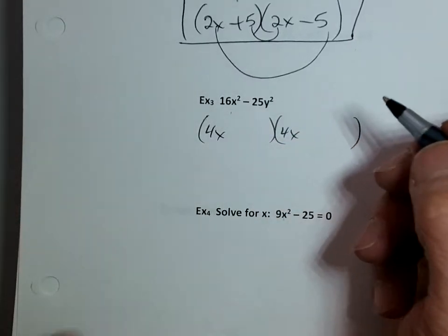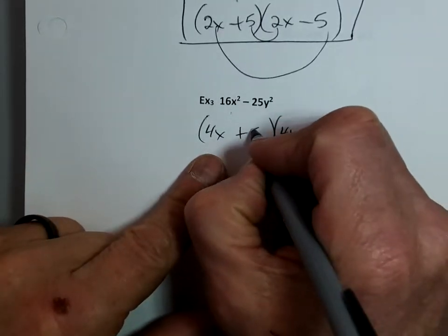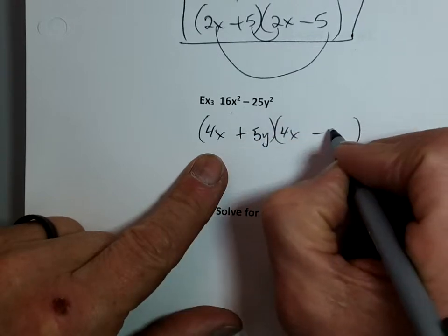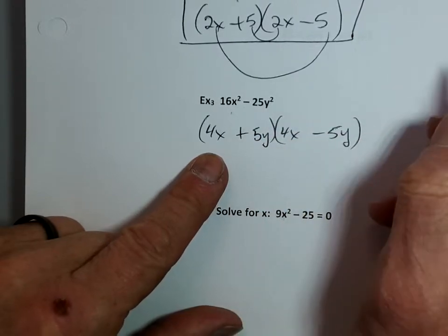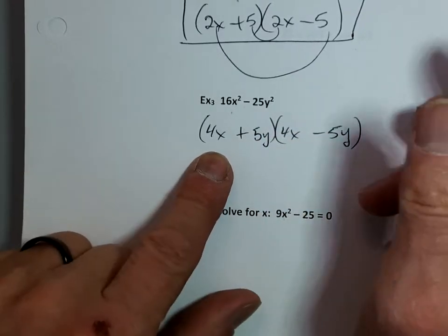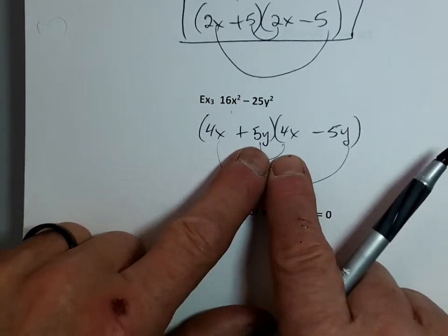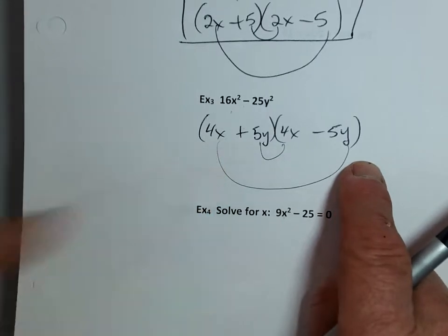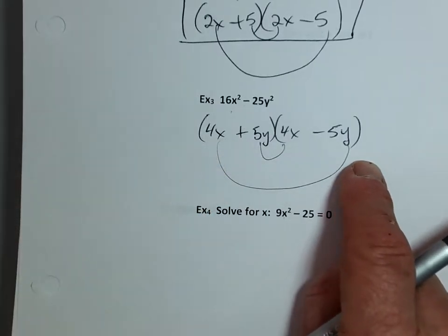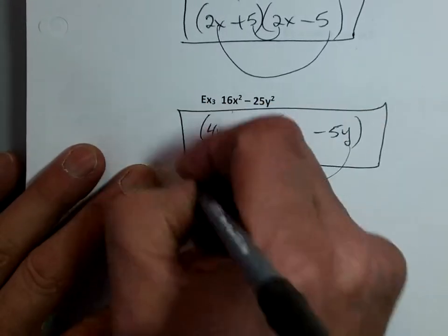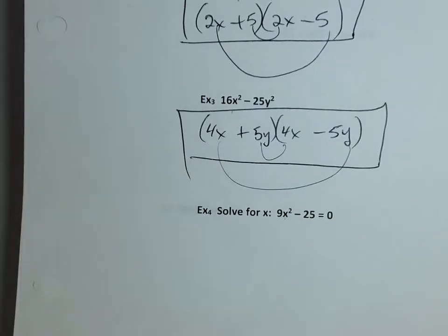And then what? Plus 5y minus 5y. And if you want to check your double smiley, 20xy minus 20xy cancels and makes 0, right? Because your middle term is 0. Thumbs up? Okay, good. All right.